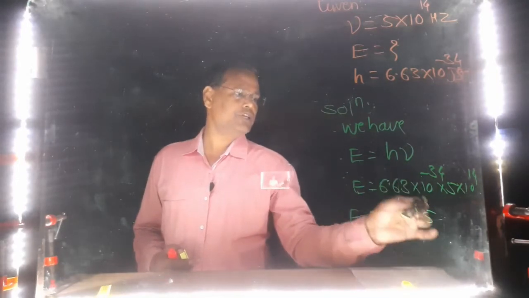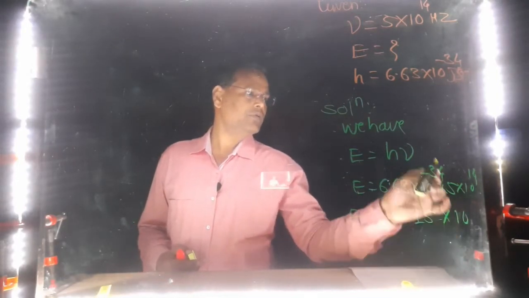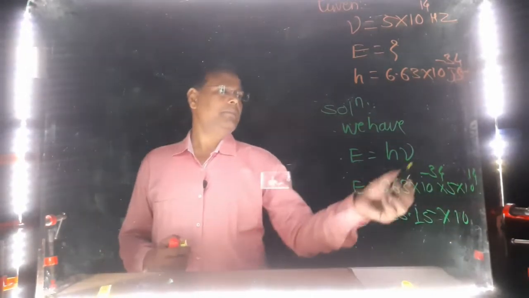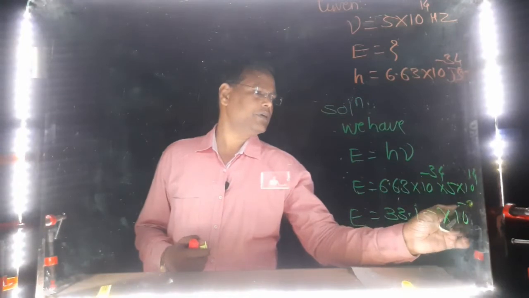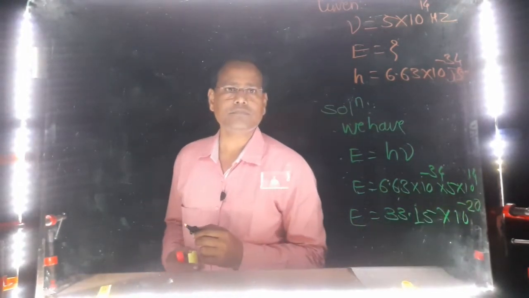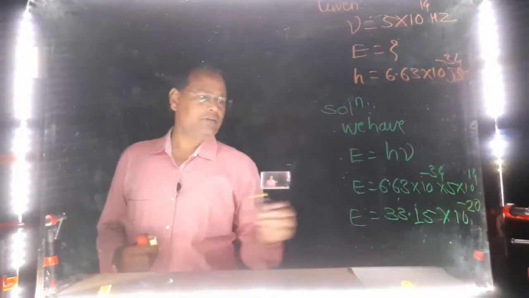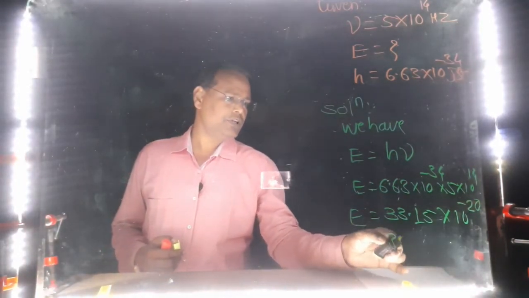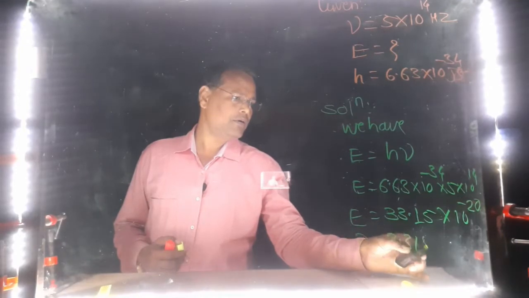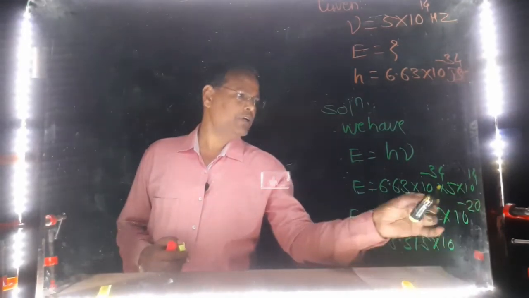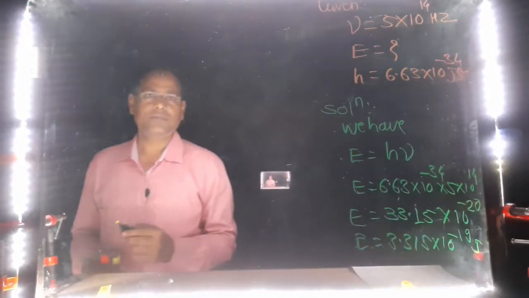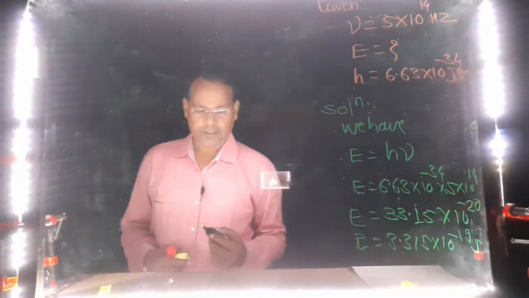It is 33.15 × 10^(14 − 34), which is 10^-20. So finally, we can write E = 3.315 × 10^-19 joule. This answer is in joule.